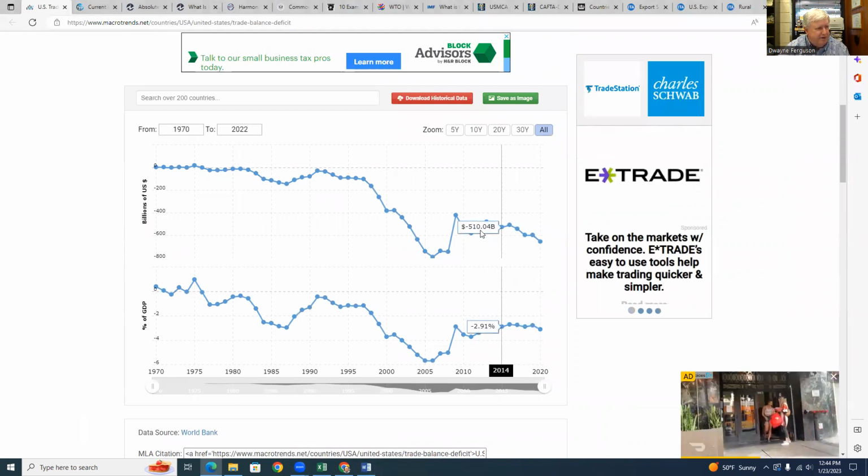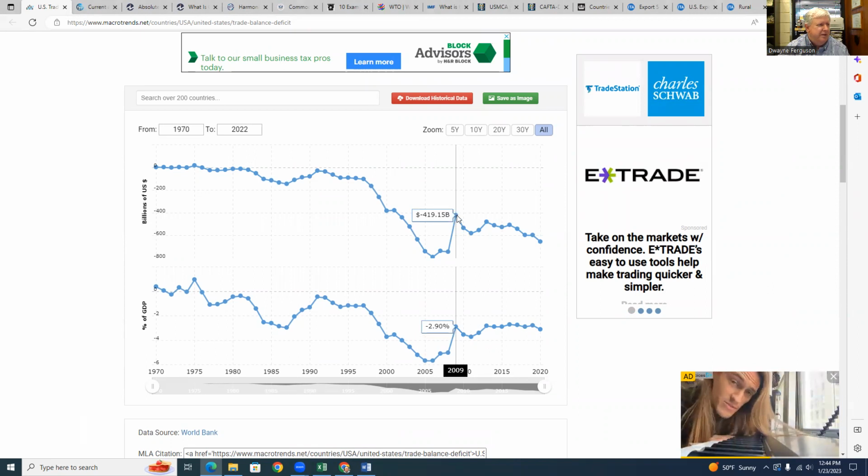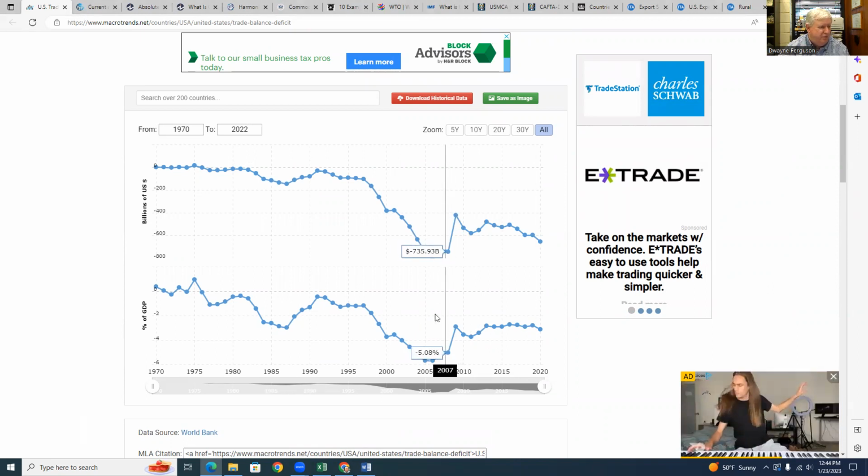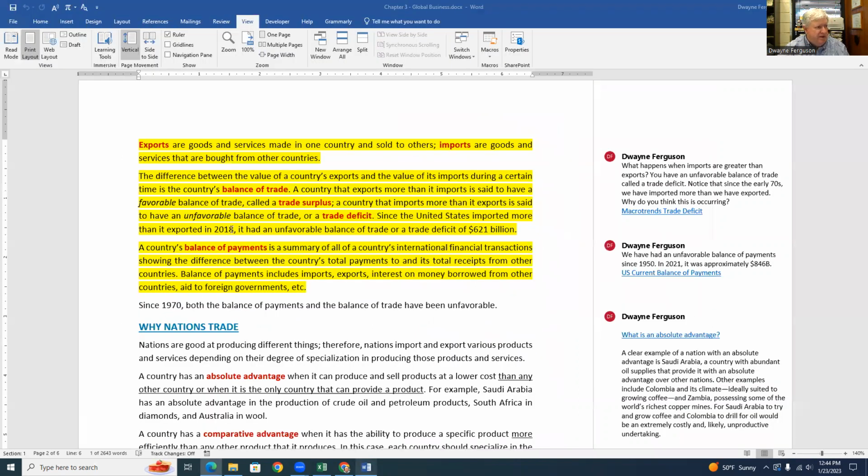But every year you see we have a trade deficit or an unfavorable balance of trade. So definitely highlight that, put that in your notes. We would like it to be the opposite, and we'd like to put our American workers and manufacturing back to work.